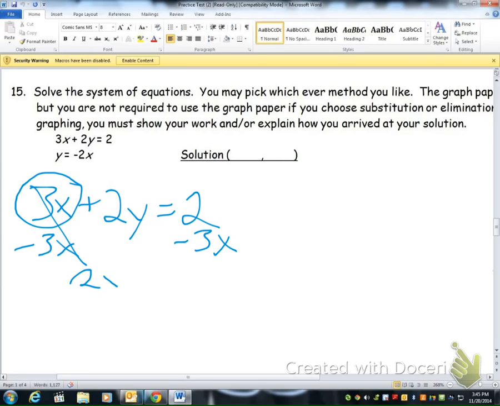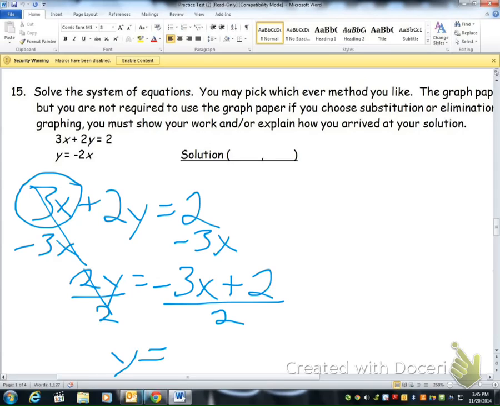And then I get 2y equals -3x plus 2. And then to get y by itself, I have to divide through by 2. So I get y equals, and remember you have to divide every term by 2, so -3 divided by 2 is -3/2 x. And 2 divided by 2 is 1, so I get y equals -3/2 x plus 1.